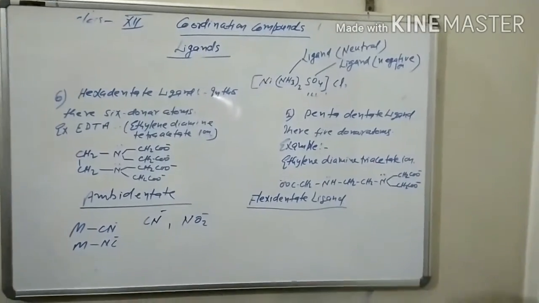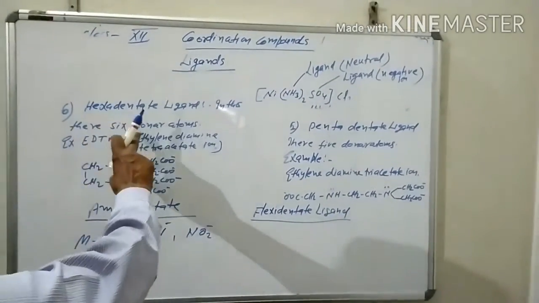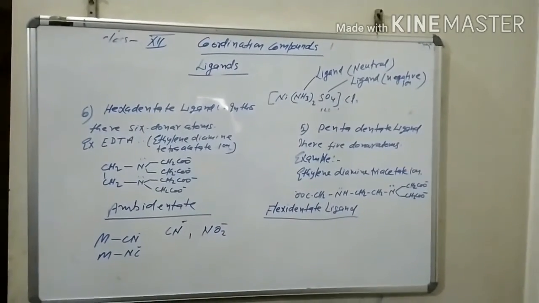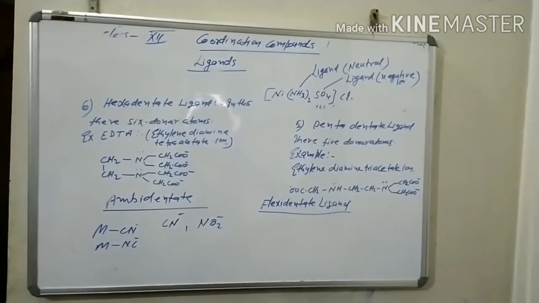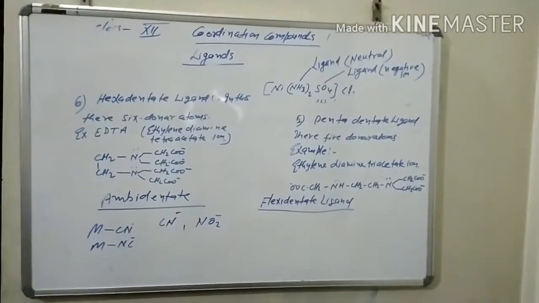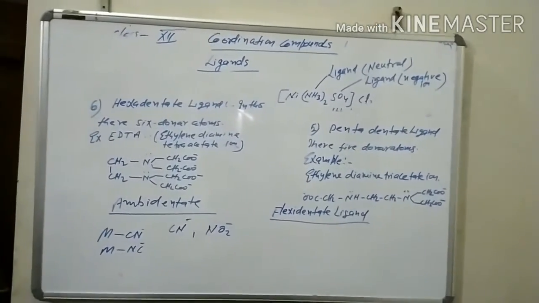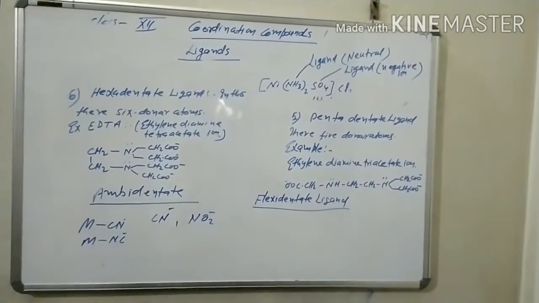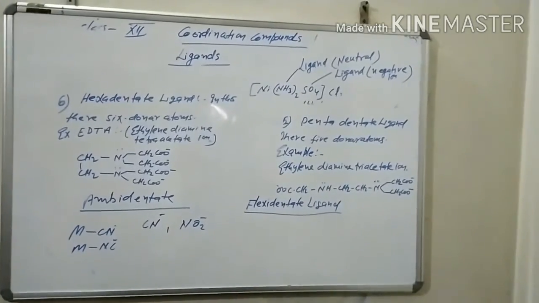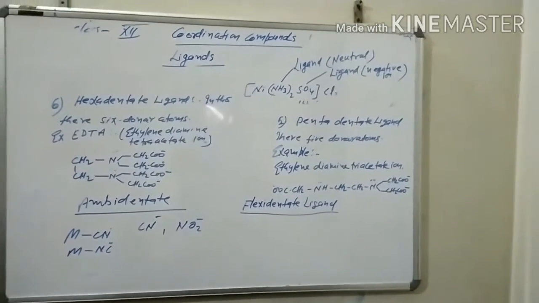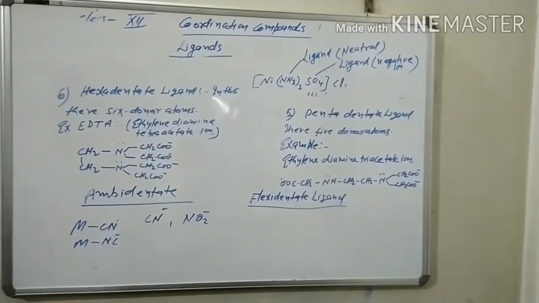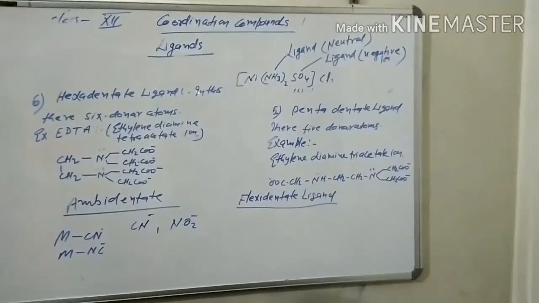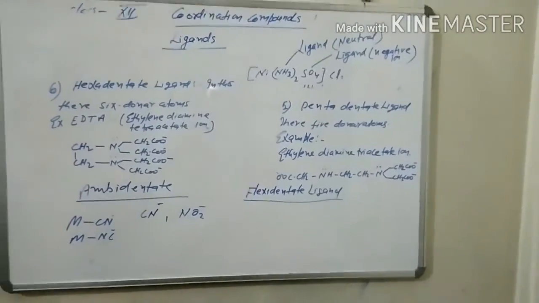As EDTA is a hexadentate ligand, but in some coordination compounds only 4 donor atoms or 5 donor atoms of EDTA are utilized or coordinated with the central metal atom or ion, and such EDTA as ligand is known as a flexidentate ligand.